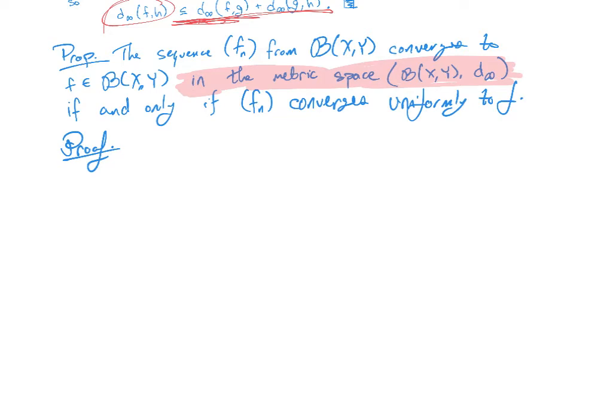Okay. If and only if, so we've got those two directions. They're both really actually easy. So first, suppose that we have convergence in the new metric space.